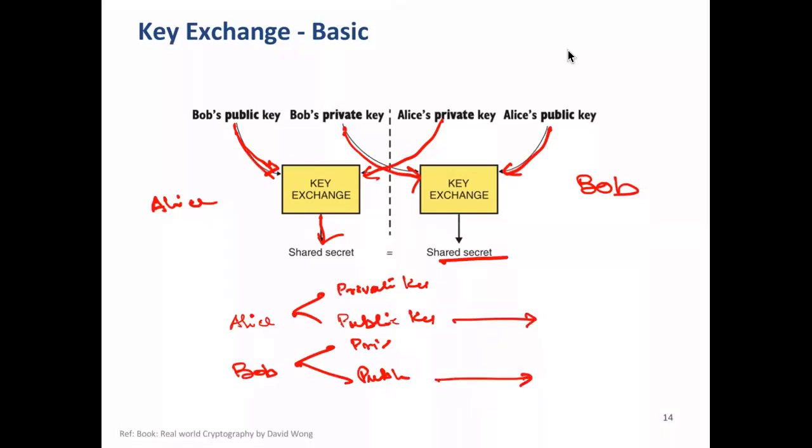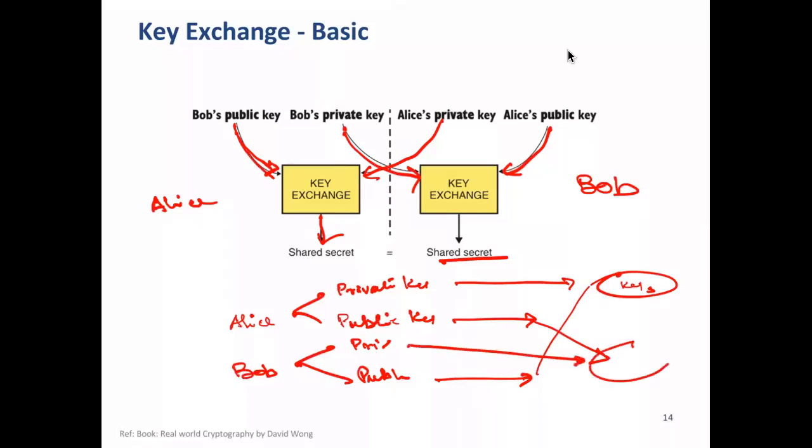Now Alice uses Bob's public key and her own private key to come out with the shared secret or shared key. Similarly, Bob uses Alice's public key and his own private key to come out with the same thing.